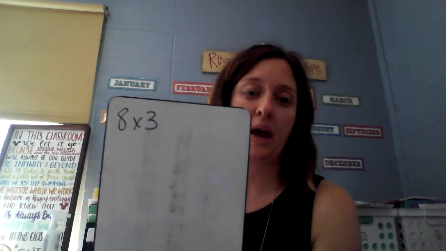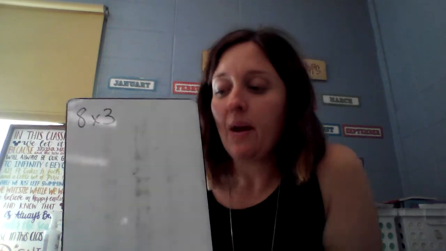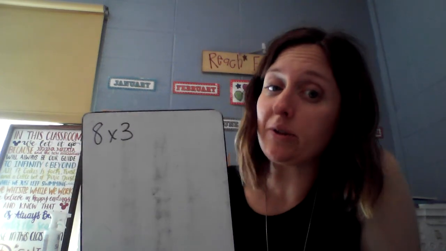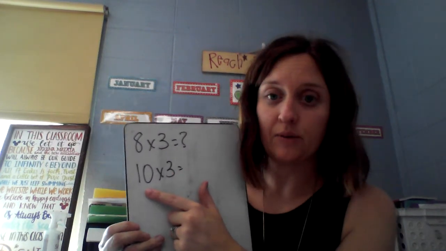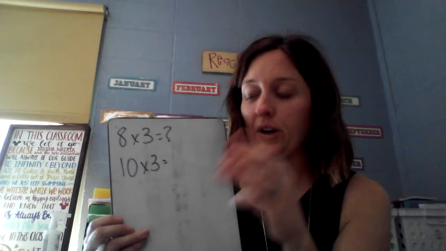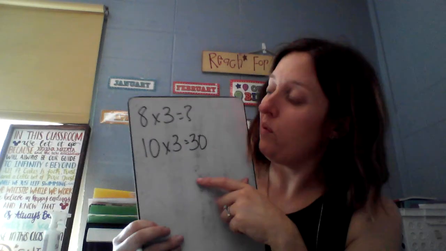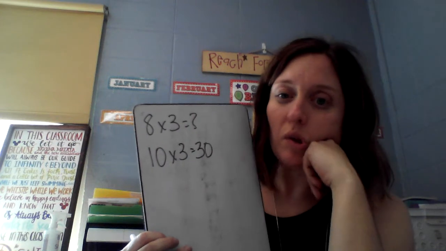What if I were trying to find 8 times 3? Okay, that's kind of a big fact, right? But again, 8 times 3 is pretty close to 10 times 3. So we can count by threes 10 times to get 10 times 3. 10, 20, 30. I know that 8 is 2 less than 10.